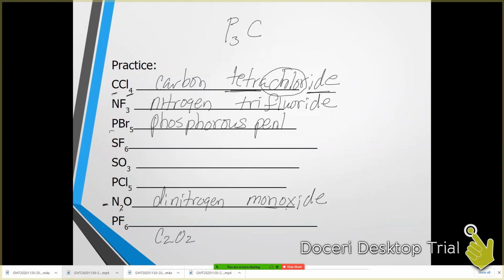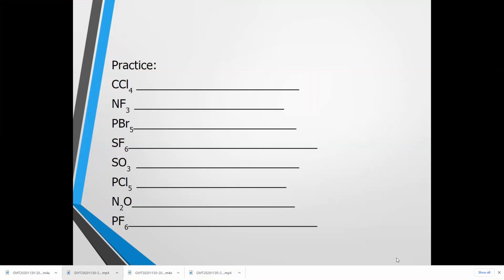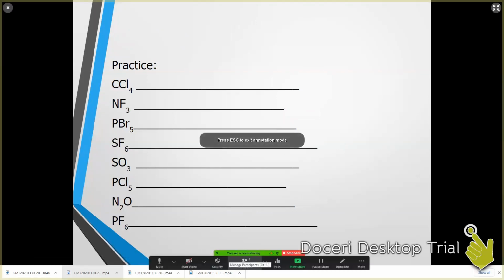Penta, brom, ide. All right. S, so that's sulfur. And then 6 is hexa. Root is fluor. Ending is ide.